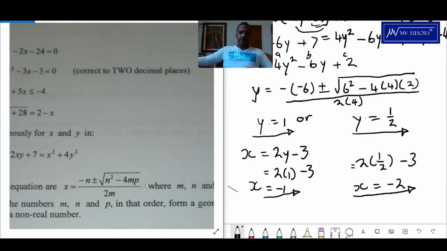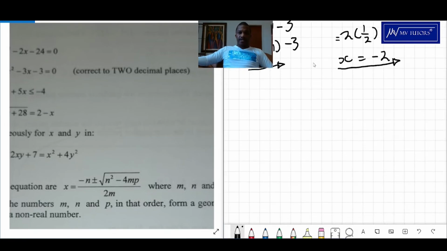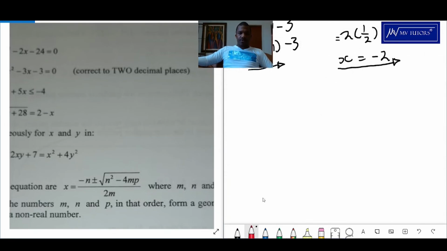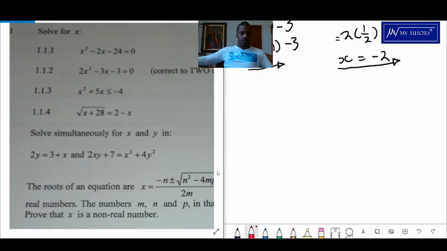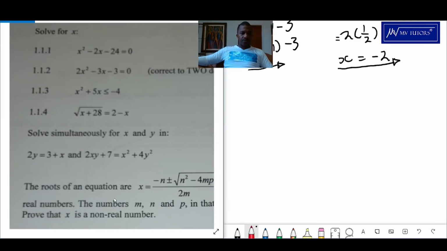Okay, so we gotta prove something here. All right, let's take it step by step. Let's start at the end and work our way backwards. They're saying prove that x is a non-real number. A non-real number is when the discriminant is less than 0.